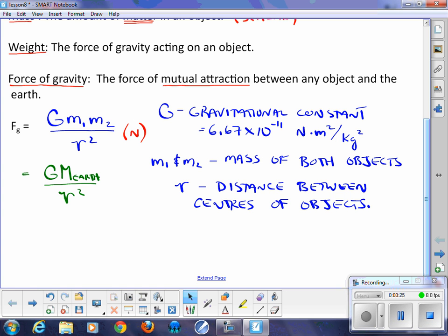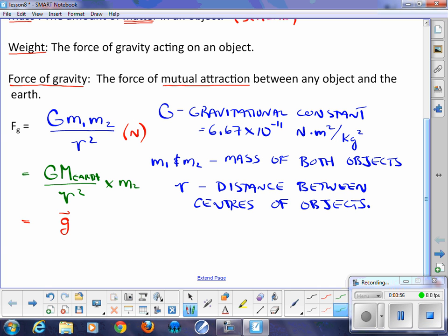And if I take the GM, divide that by r squared, and then multiply by mass 2, what happens is that first term is simply our accepted value of g on Earth. Because it is the acceleration in meters per second squared, but it's also what we call our gravitational field strength. So it is simply in newtons per kilogram would be the units here.